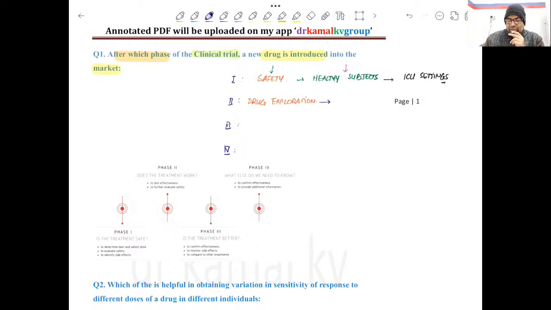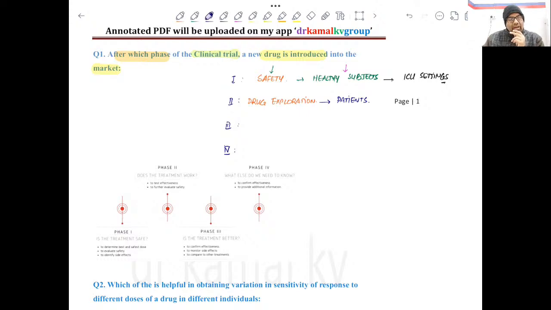So that is drug exploration. And now here we will try the drug on patients. Clear? In the second phase, we will give the drug to the patients, and we just want to study what would be the better and the best way to get the maximum effect of the drug. So drug dosage, drug frequency, everything will be studied in phase 2.